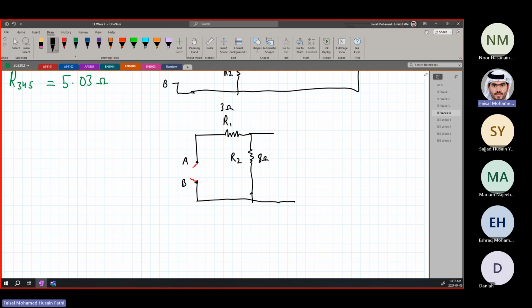Okay, I'm going to redraw it like this because I want to explain a point. This is R345. Let me do it in color. This R345 that we just found is equal to 5.03 ohms. Now keep in mind this is equal to me drawing the circuit like this.